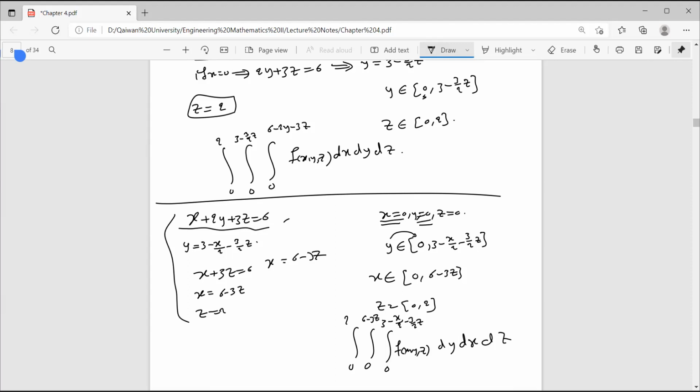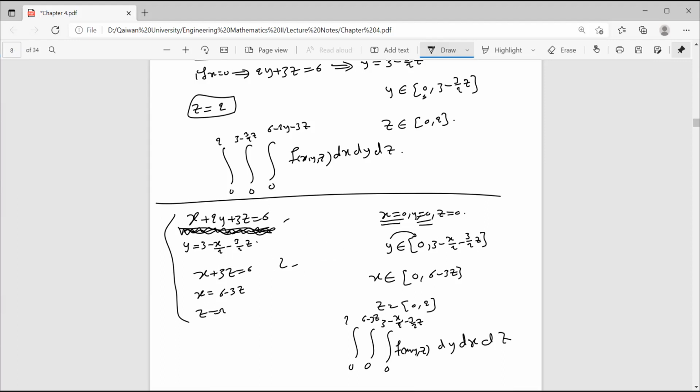So if the second integration is with respect to z, z equals 2 minus x over 3. That means z is from 0 to that function. Then the last integration is with respect to x. If y and z are both 0, we get that x is 6. That means x is from 0 to 6.